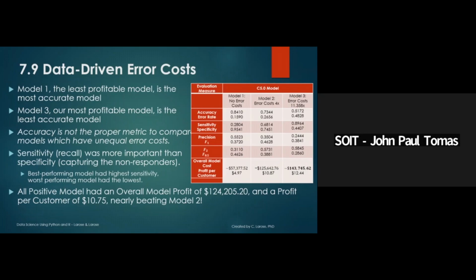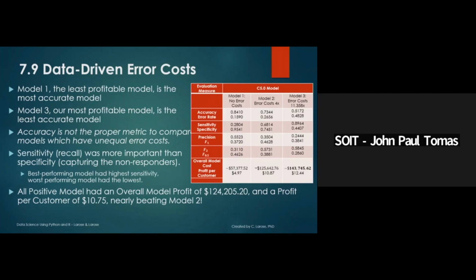You only apply unequal error cost and the data-driven error cost if you have cost involved. For example, in retail, if you're selling something that has monetary value. Okay, so you just don't gear towards accuracy. It's not a proper metric to compare models which have an unequal error cost.